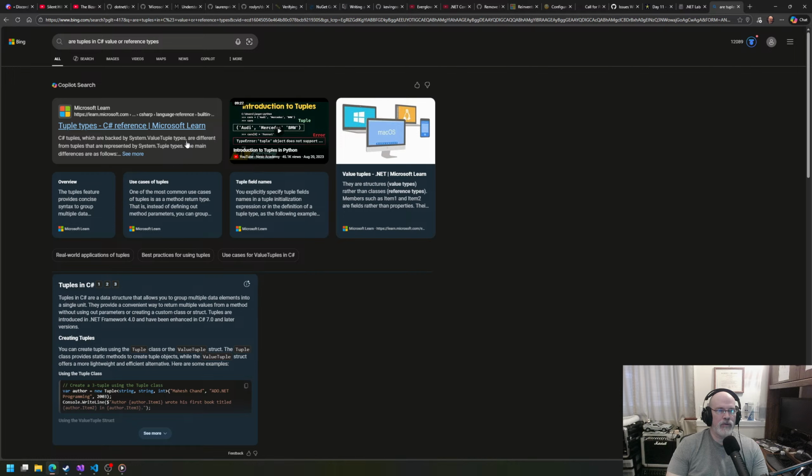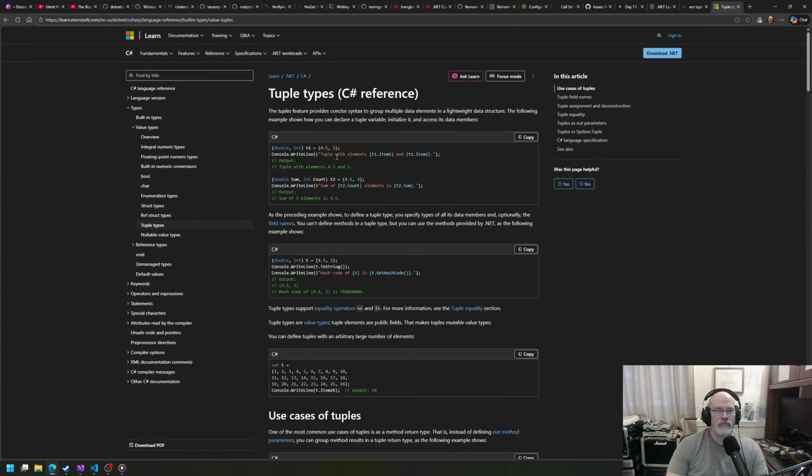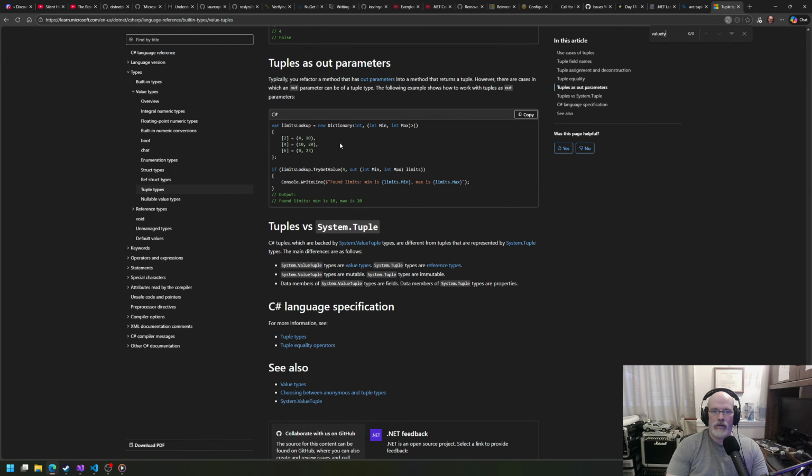Value tuples. Yeah, so they made a system tuple. That's right. C# tuples are backed by system value tuple types.